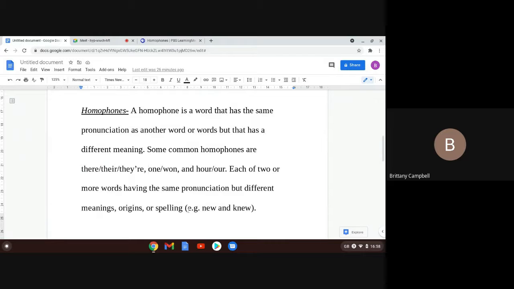For example, again, new and new. So with this term, we realize that even though it has the same pronunciation, the spelling differs, right?